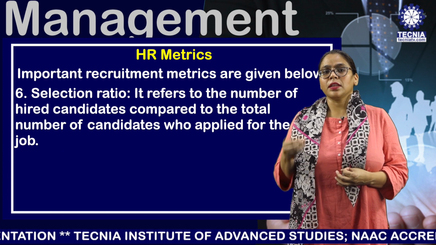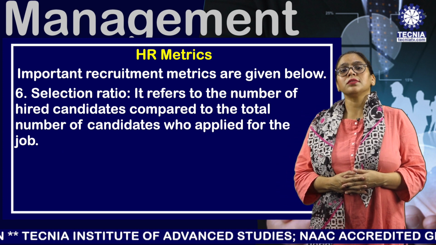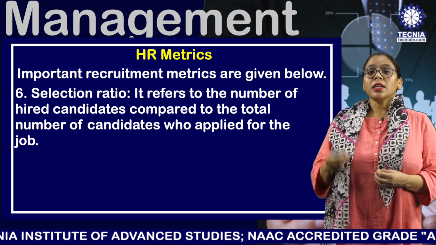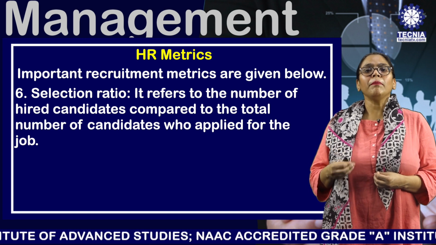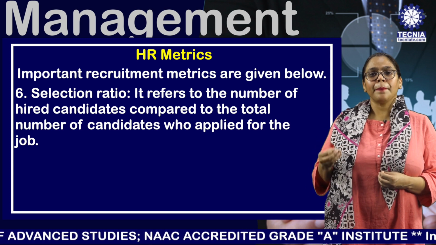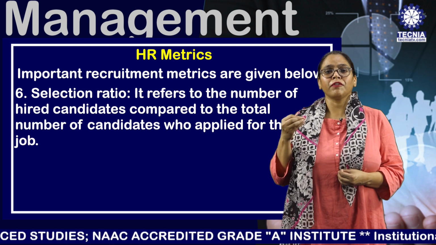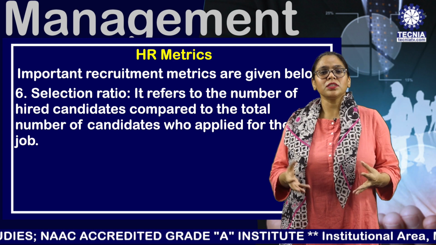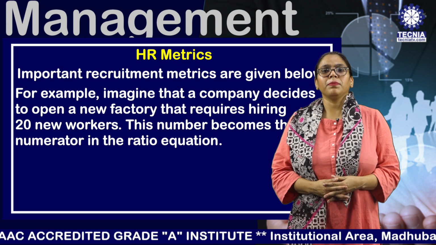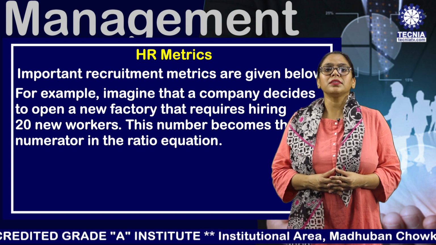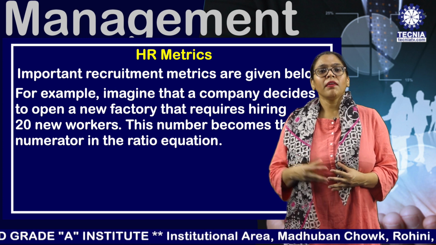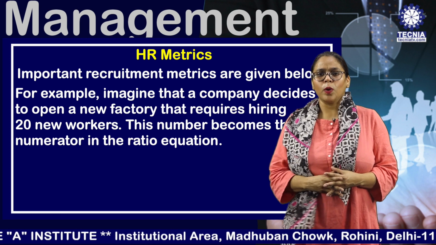Now, the sixth metric is called the selection ratio. Selection ratio refers to the number of hired candidates compared to the total number of candidates who applied for the job. Let's take an example. Imagine that a company decides to open a new factory that requires hiring 20 new workers, right?